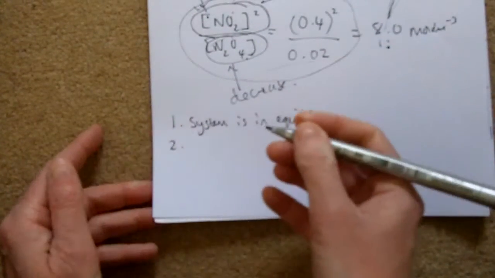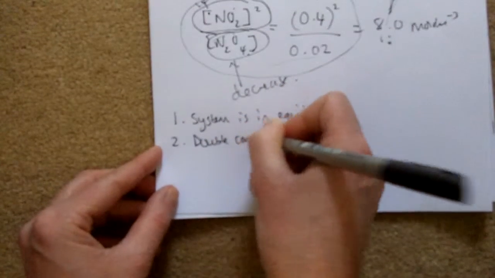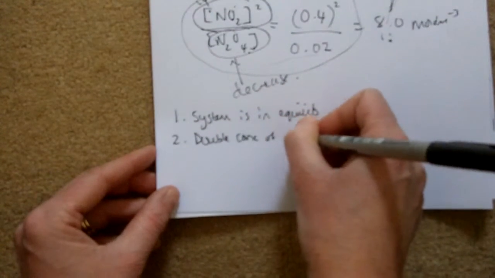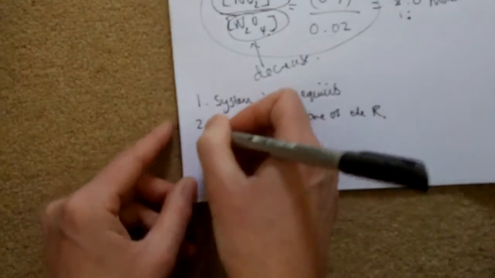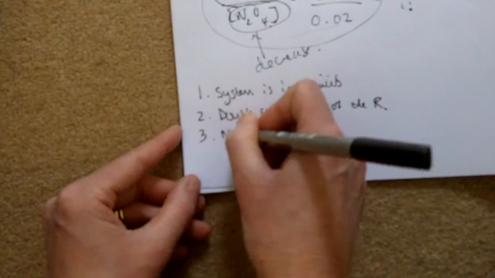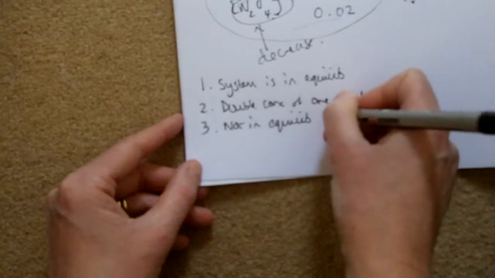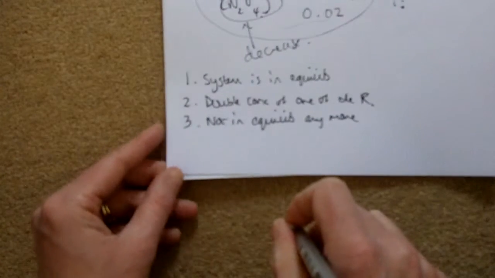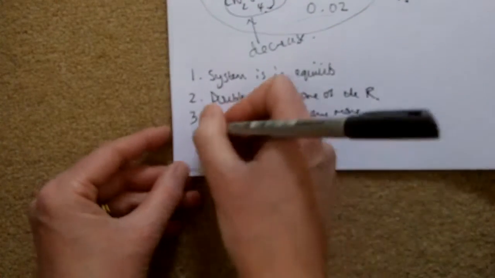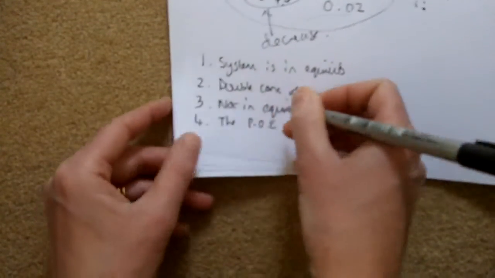Then maybe you double the concentration of one of the reactants, for example. It's not in equilibrium anymore. You need to restore the equilibrium, so the position of equilibrium has to move.